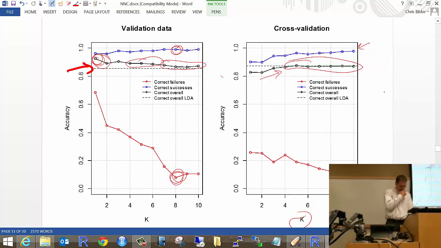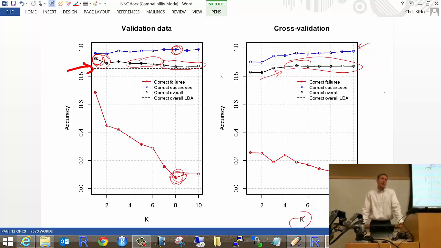Here's a question for you. As K goes to n, so imagine that we were to extend out that x-axis all the way to n, what's going to happen to the correct classification rate here for the place-keeping data set? Exactly. It's going to approach the proportion of successes that you have in your data set.